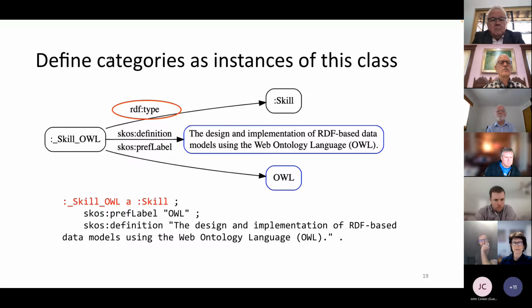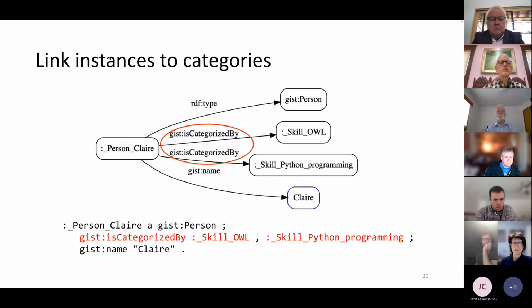So for example, we have the OWL skill. And we can use gist:isCategorizedBy to link instances to these categories. So person Claire is categorized by skill OWL, and I'll discuss very briefly the use of this term, isCategorizedBy.